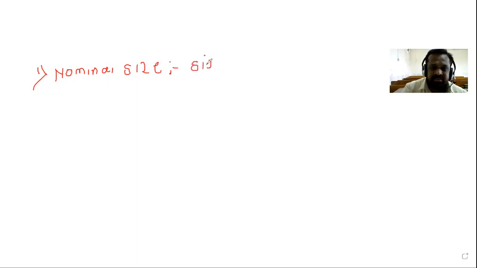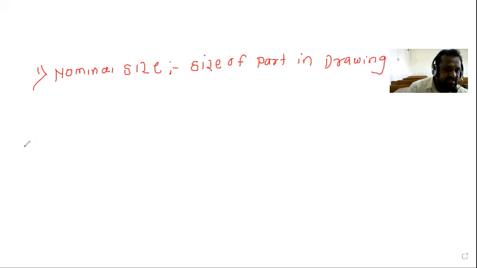It is the size of part in the drawing only. Now see here, the second size, what is the name of second size? Basic size.